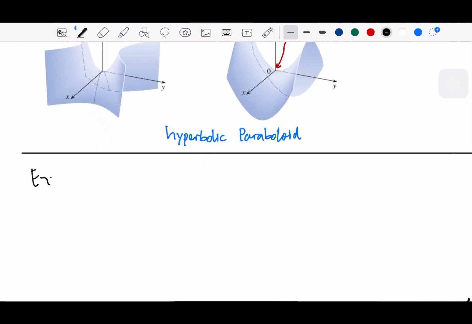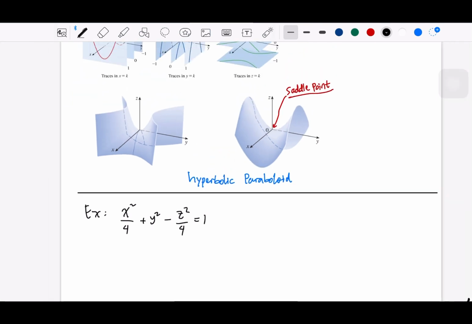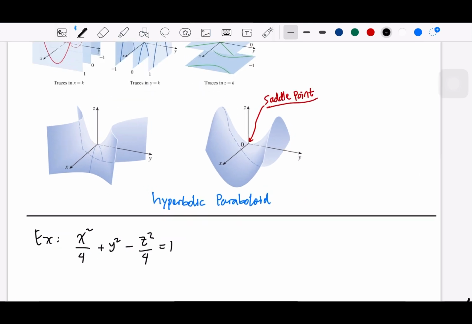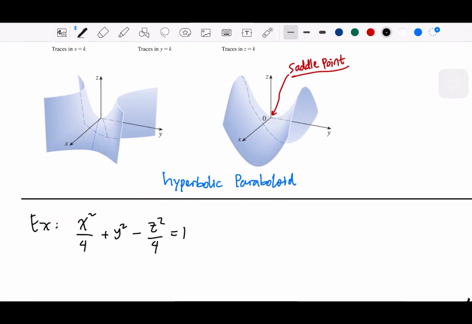Okay, another example. Is this example. So we can take y equals 0, and we can write x squared over 4 plus or minus now a hyperbola, right?